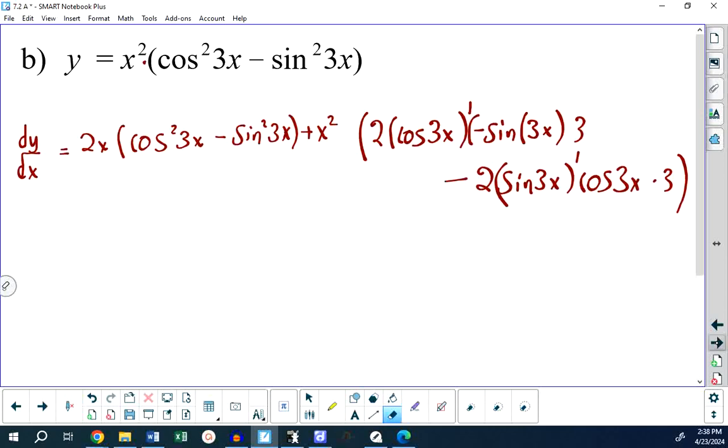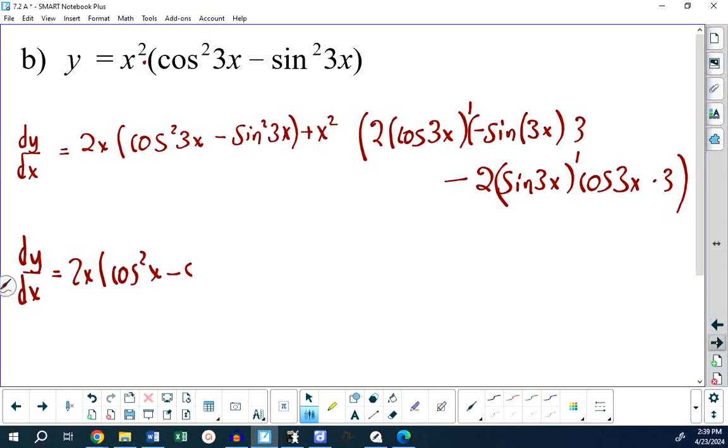So I'm going to clean this up a little bit. dy dx equals 2x cos squared of x minus, cos squared of 3x minus sine squared of 3x plus x squared. I just want to get it all on one line and clean it up a little bit. What do we have here?